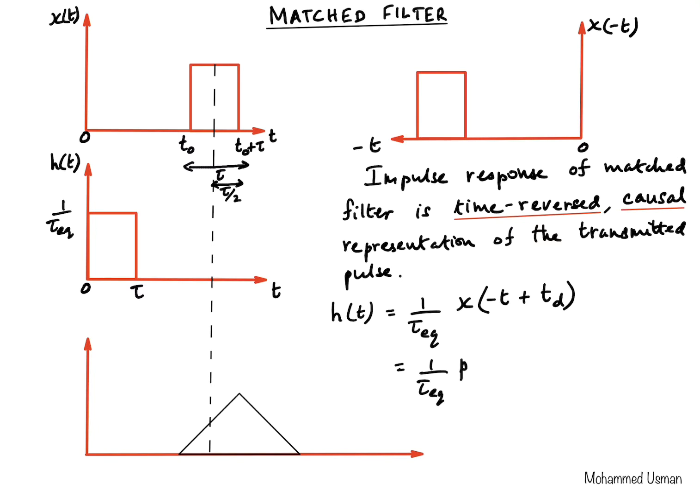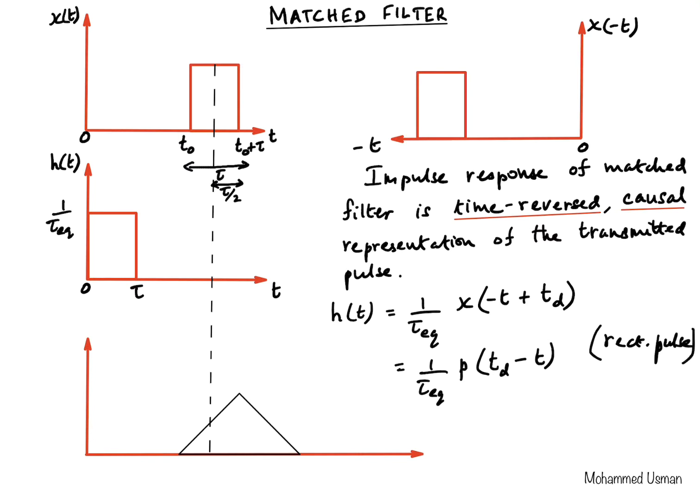So we can write it as p of td minus t. Minus t plus td, I've just rewritten it as p of td minus t. So this is indicating a rectangular pulse.